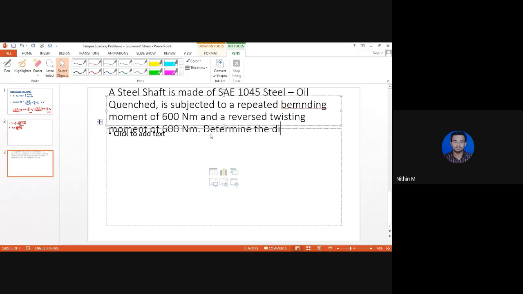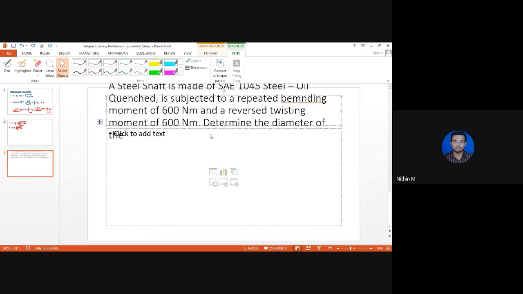Determine the diameter of the shaft based on a factor of safety of 1.8.